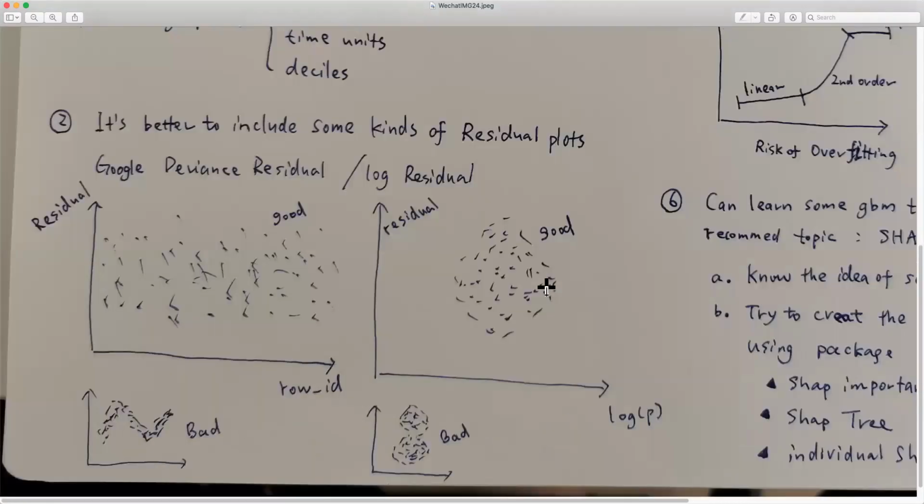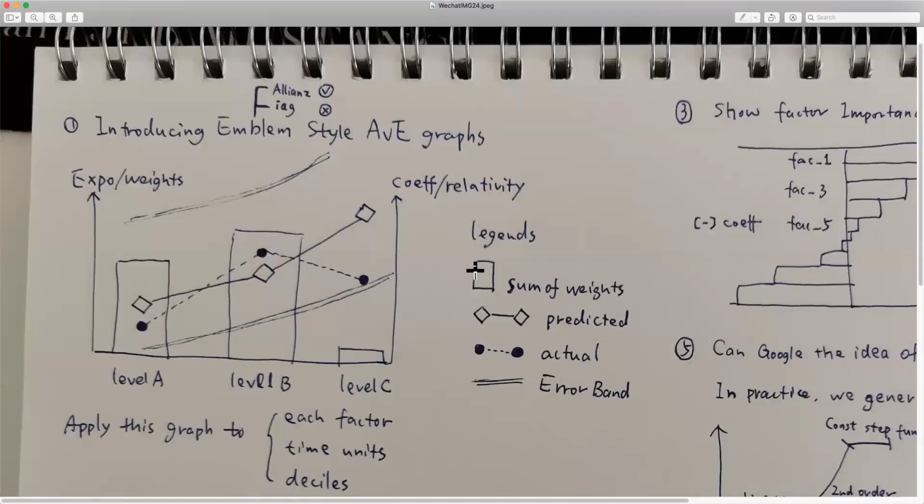There are 6 comments in total I want to give. The first one is I want to introduce the Emblem style AvE graph. Emblem is a WTW software, a tool in the actuarial industry. It's very useful and powerful. Before joining IAG, I worked in Allianz for 2 years, and we used Emblem in Allianz a lot.